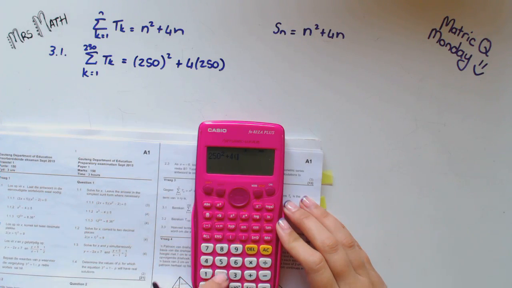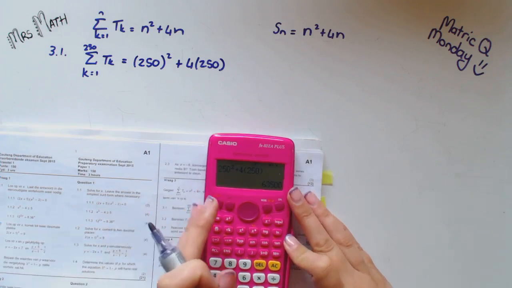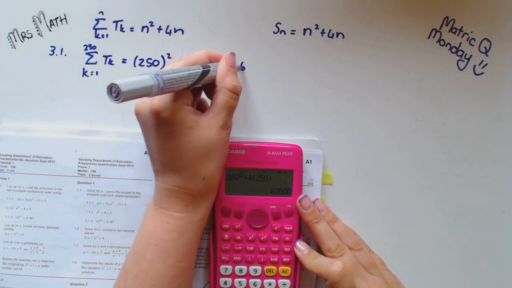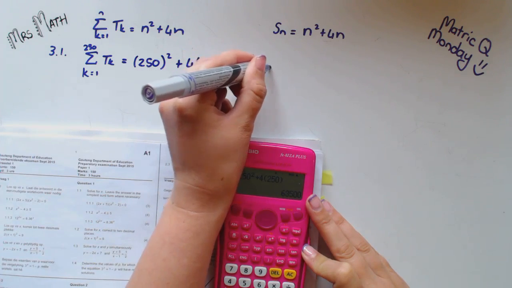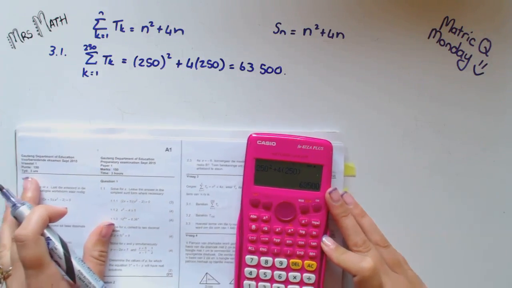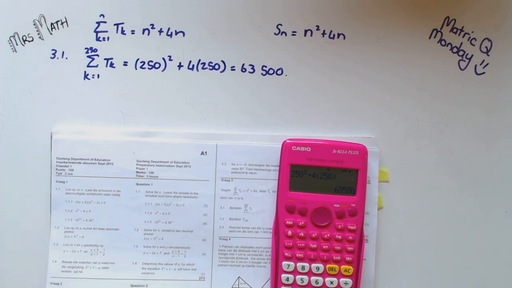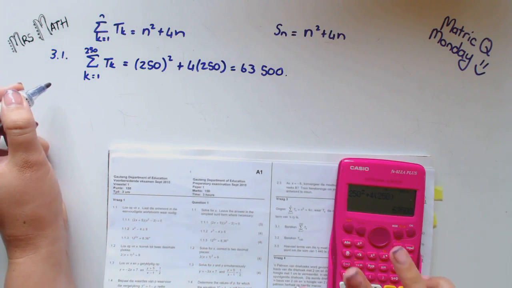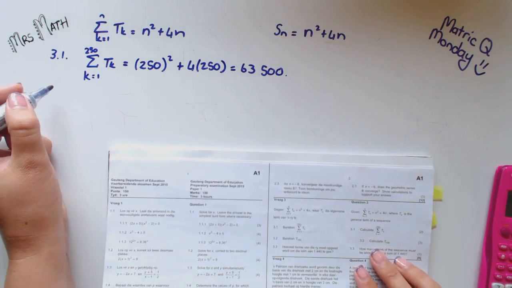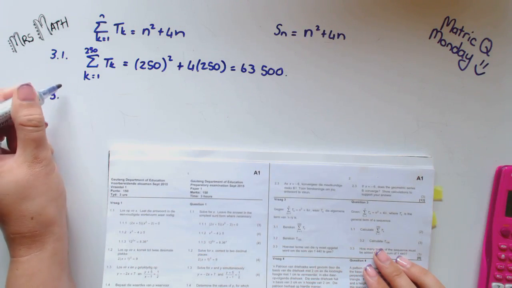That gives me 63,500. Right, so the sum of the first 250 terms is 63,500.